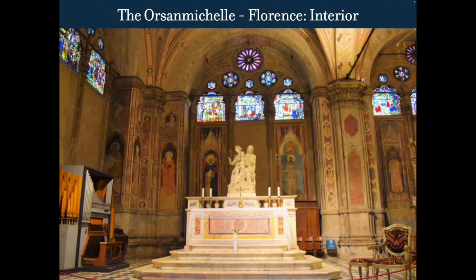Here's another side altar in Orsanmichele. You can see all the beautiful frescoes that were being done. No, it's Italian Gothic. Still Italian Gothic. I like the statues on the altar. So that statue I think is actually later. That's a Baroque statue, but. All right.